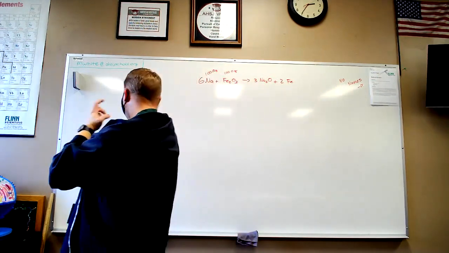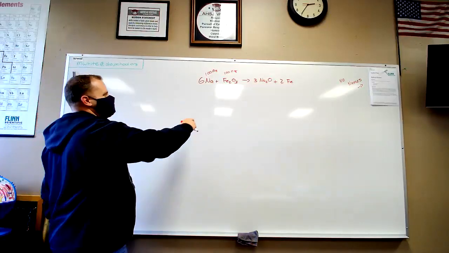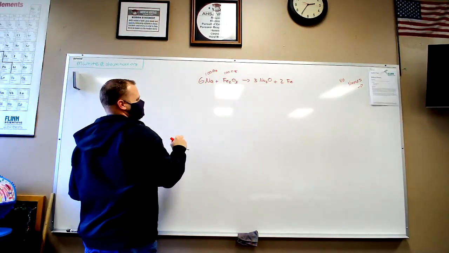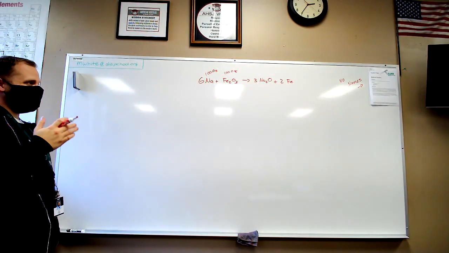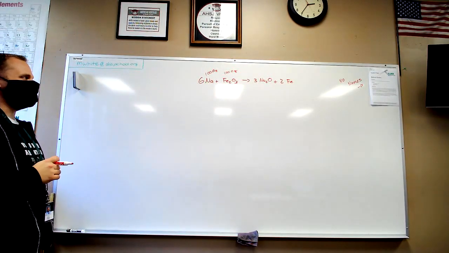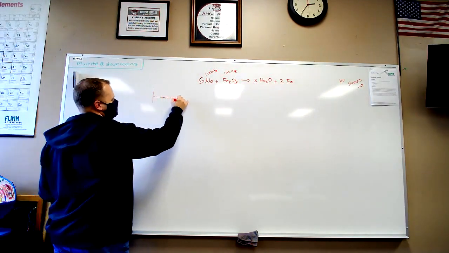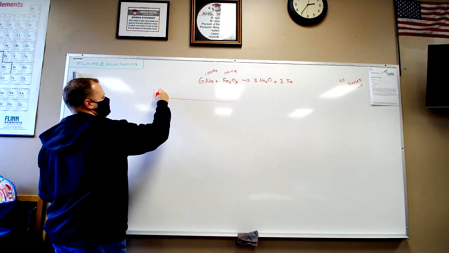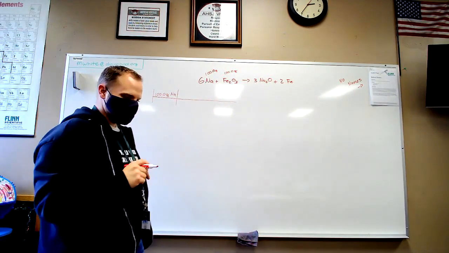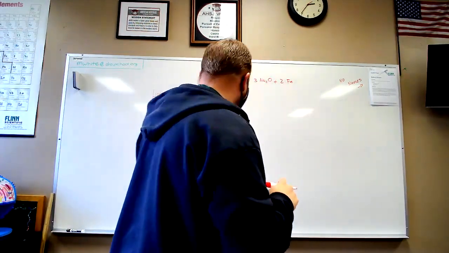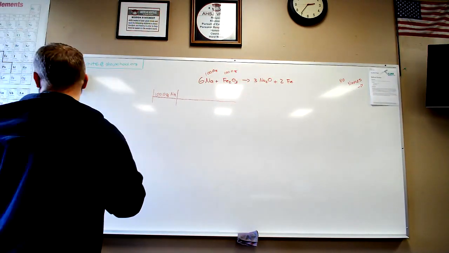So once again, we're going to take each one of these and see which one runs out first by calculating how much we can make with 100 grams of both of them. So we start with 100 grams of sodium. And we look at our periodic table, and we see sodium, we'll say 22.99.